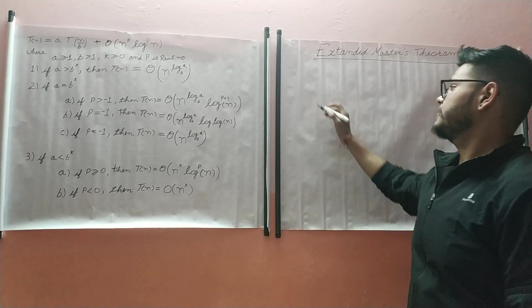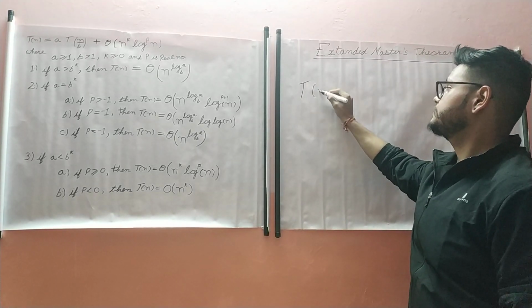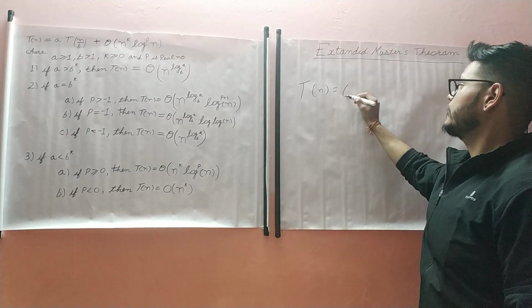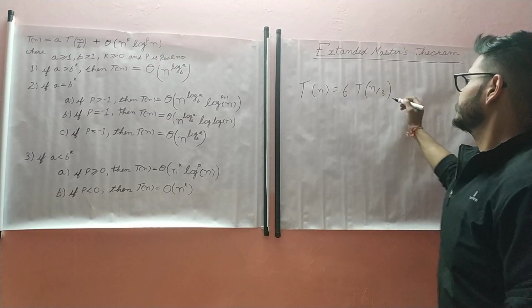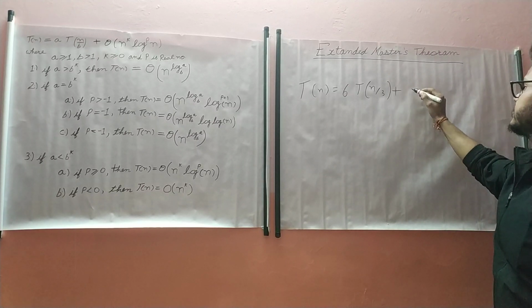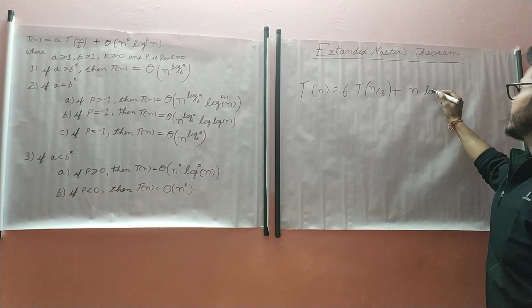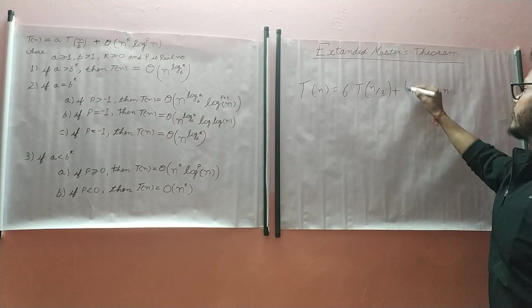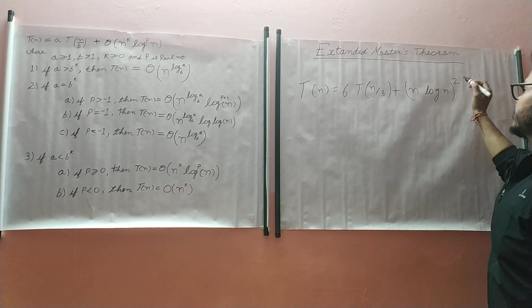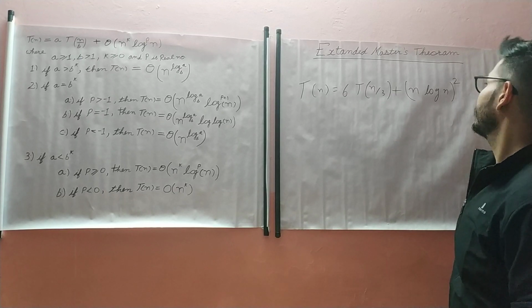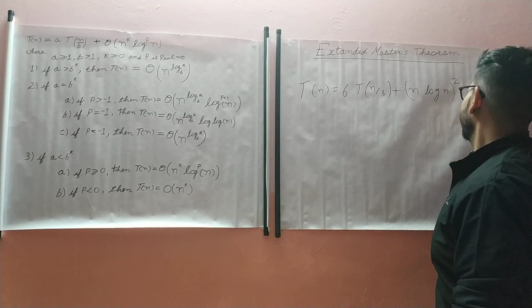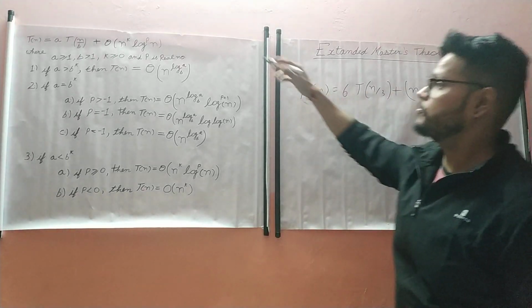Let's see another example. T(n) = 6T(n/3) + (n log n)^2. Now we will again compare this equation with the form.